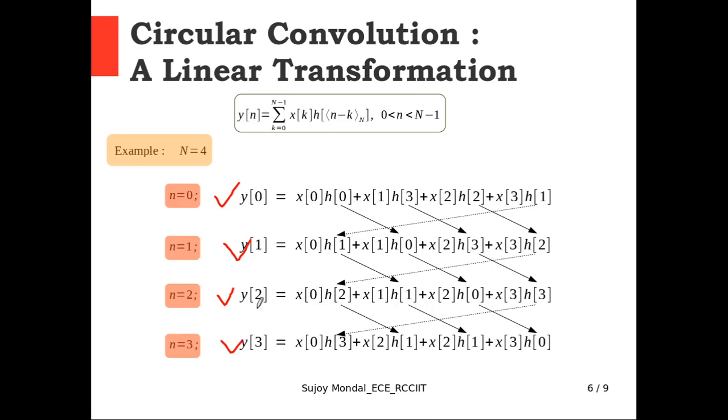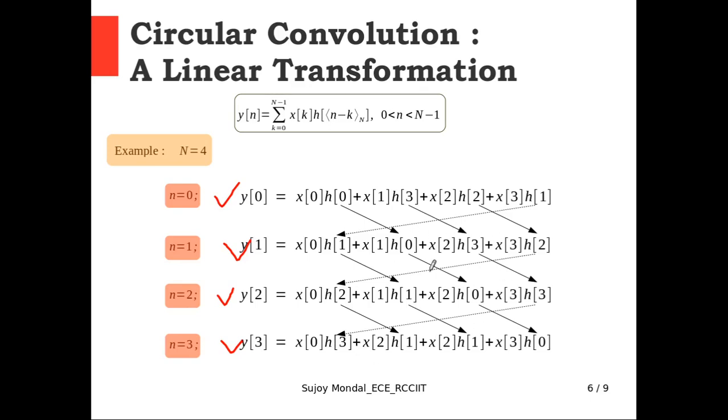As you can see, this is a linear combination of the first function, and the linear combination coefficients come from the second function. The coefficients for different output samples have different arrangements or orders.